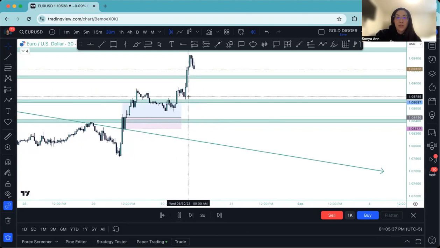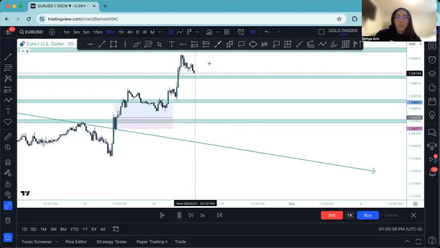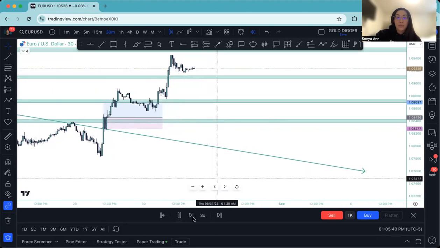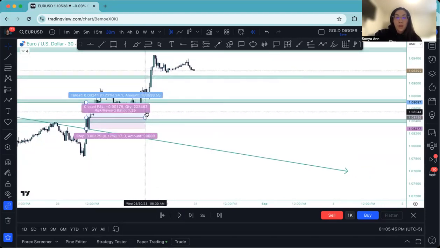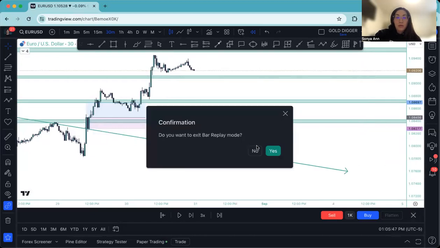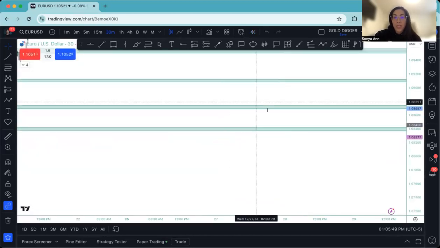So it's going to retest off that zone, went up. It's going to break and retest off this zone, go up. So that is break and retest.